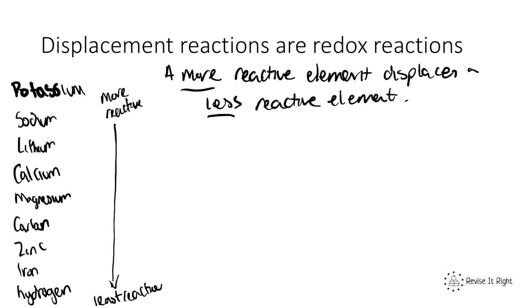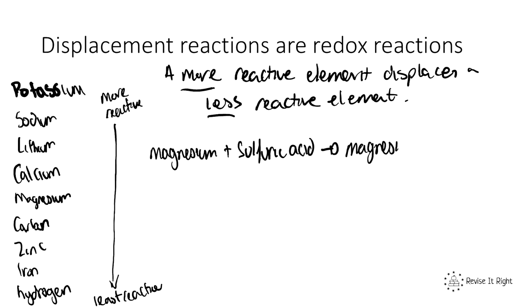So one example of a displacement reaction is when we react magnesium with sulfuric acid, and that produces magnesium sulfate plus hydrogen. I'm going to write the symbol equation to help me explain what's going on.